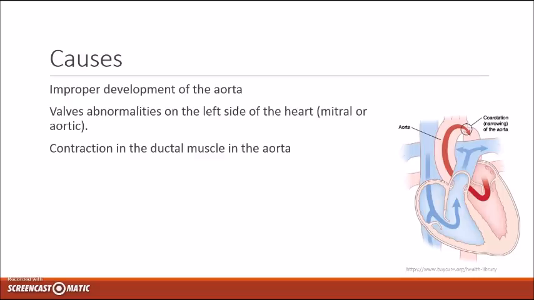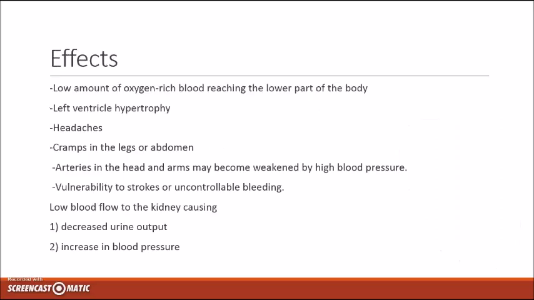Contraction in the ductal muscle in the aorta would evolve into the COA, and it happens actually along with the closure of the ductus arteriosus.